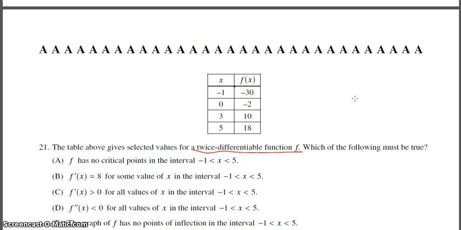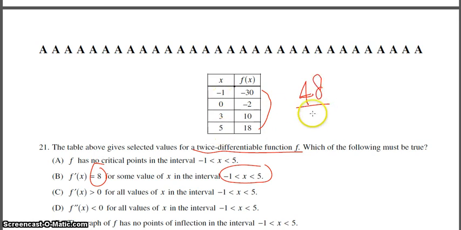So if it's differentiable, that will be the mean value theorem. So why do they mention 8? If you can find a place where the slope is 8, okay, well, from 1 to 5. So let's see, from 1 to 5, the change here is 18 minus negative 30, the change is 48.